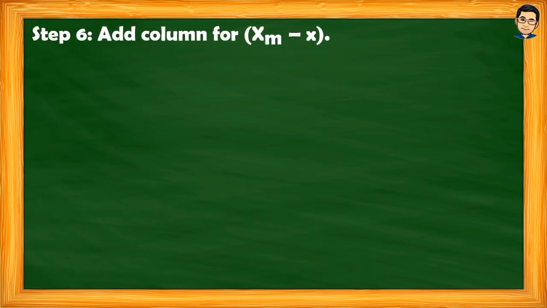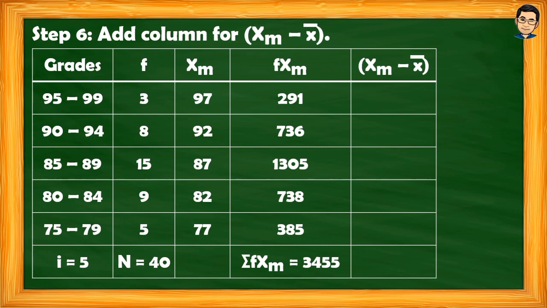So for the next step, add column for the difference of the midpoint and the mean. Okay. So yung nakuha nating mean, so sulat lang natin, is 86.38. So ngayon, yung next step natin, so yung class mark ng each class, minusan natin nung mean. So 97 minus 86.38.